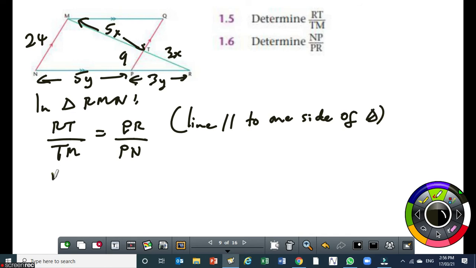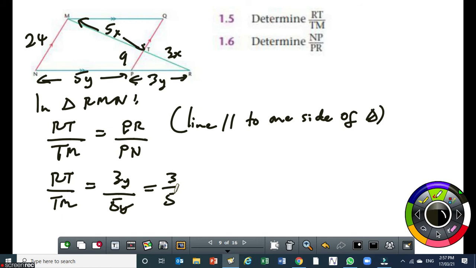Then from there, our RT over TM will be equal to PR, that's 3y, then PN is 5y. So the ratio is going to be 3 over 5. Okay, that's my suggestion. If you want, you can go by similar triangles, but it will be more complicated.